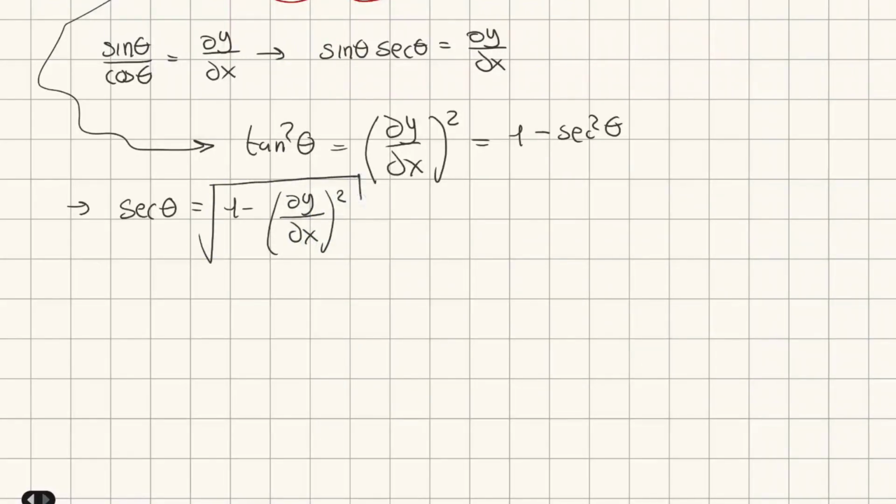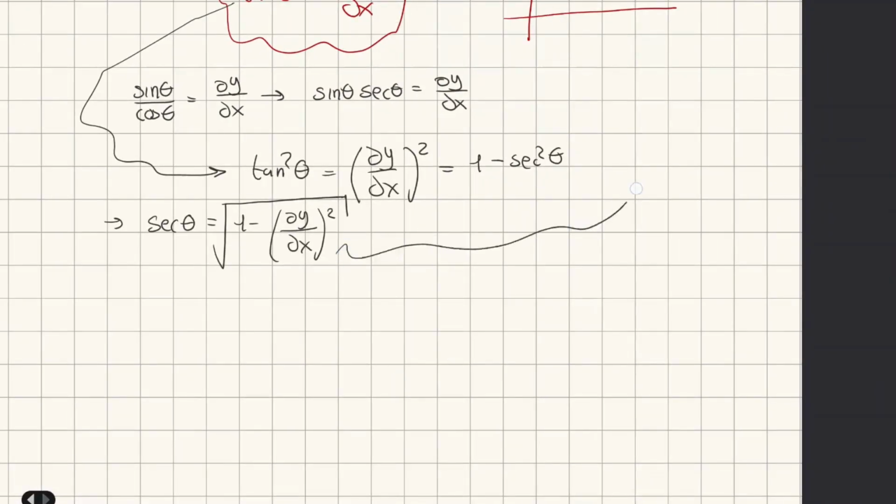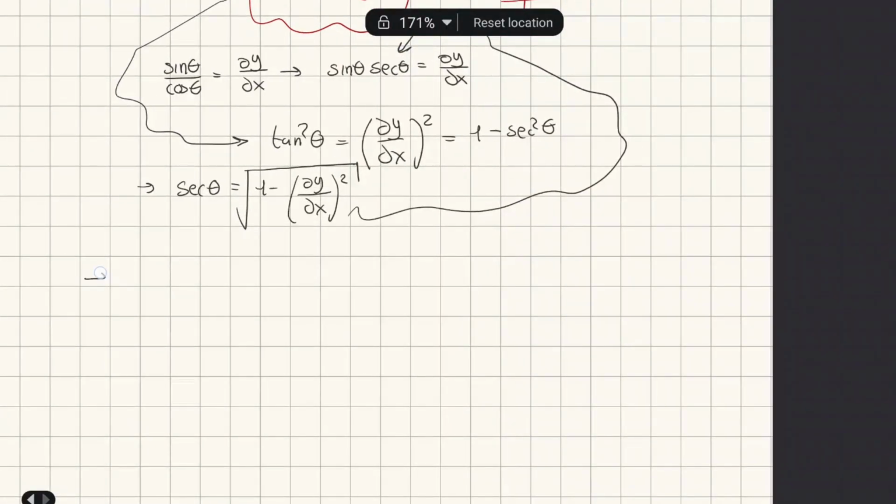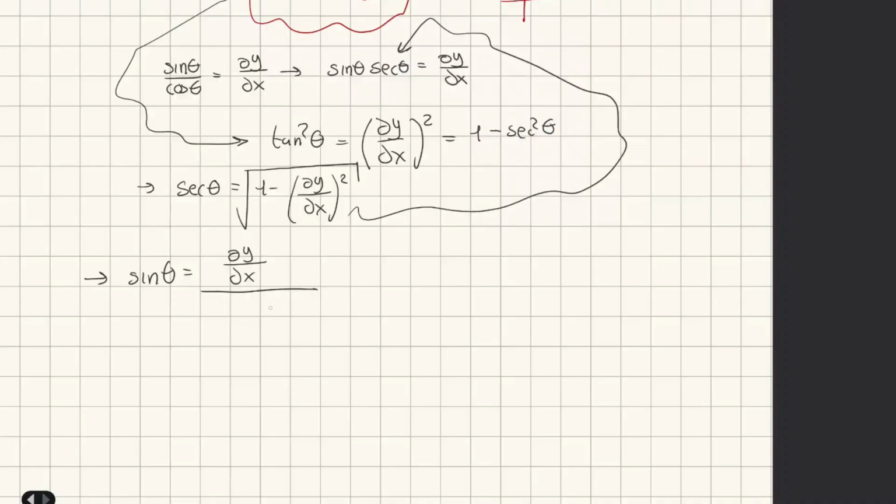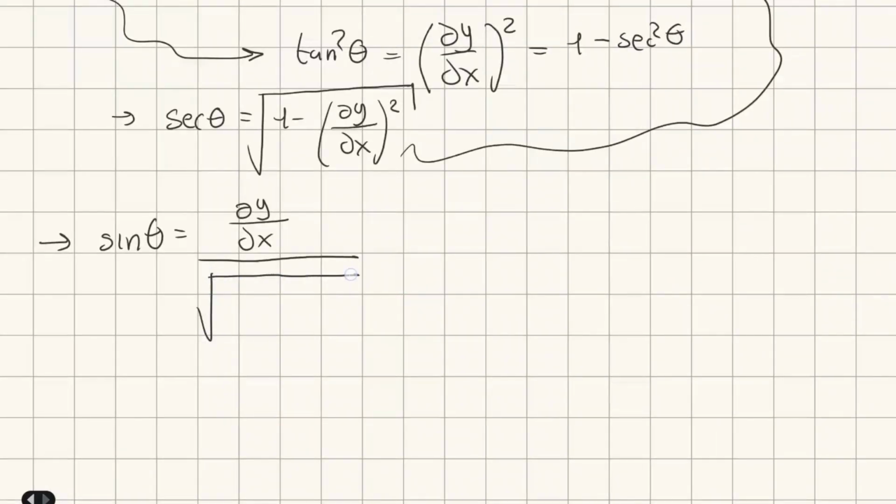Then we take this element into the equation we found to get that sin θ is equal to the derivative of y with respect to x divided by sec θ, which is the square root of 1 plus the derivative of y with respect to x squared.